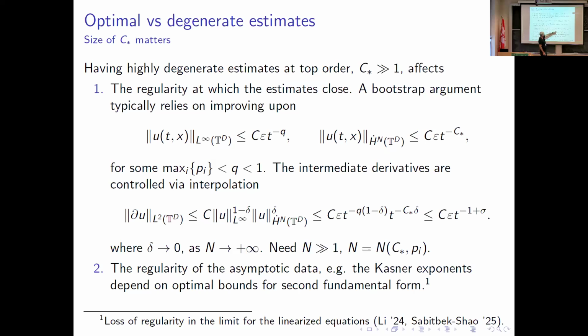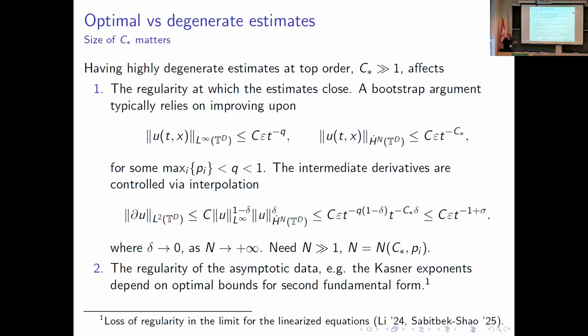In order to make sure that this is less singular than t to the minus 1, delta has to be very small, and hence n has to be very large, not only relative to C star, but also relative to the background Kasner exponents. So in other words, if C star is large, n has to be large. If Q is going to 1, n has to be much larger, going to infinity at these two endpoints.